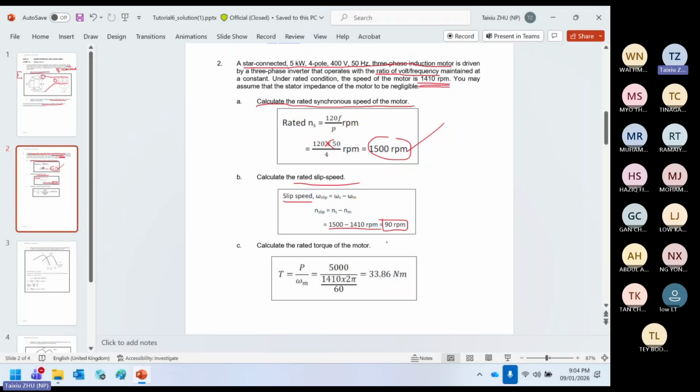Then the next one, part C: calculate the rated torque of the motor, meaning the motor is running at the rated condition. Remember, P rated is how much? 5 kilowatts.